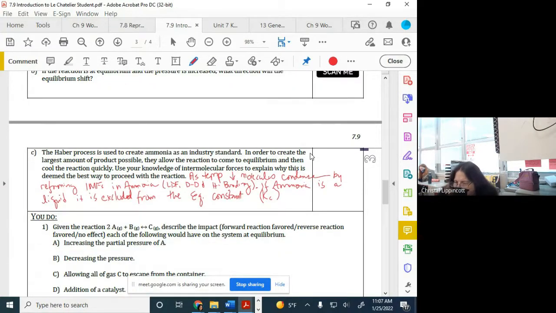Kp, I guess it would be Kp. My apologies. Kp value. Okay? So that is going to cause it to shift to the right, forming more NH3.